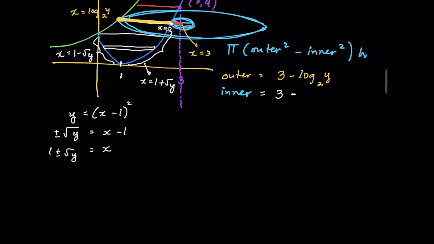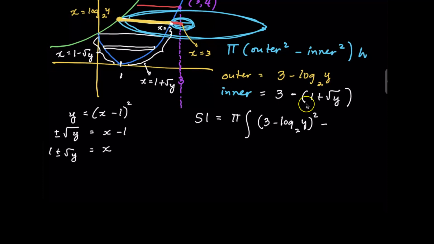The x is 1 plus square root of y. So let's call that for solid 1, S1. So it's pi integral of outer squared minus inner squared, this one. And then what is the height? The height of the slab is change in y, which is dy, which is correct.